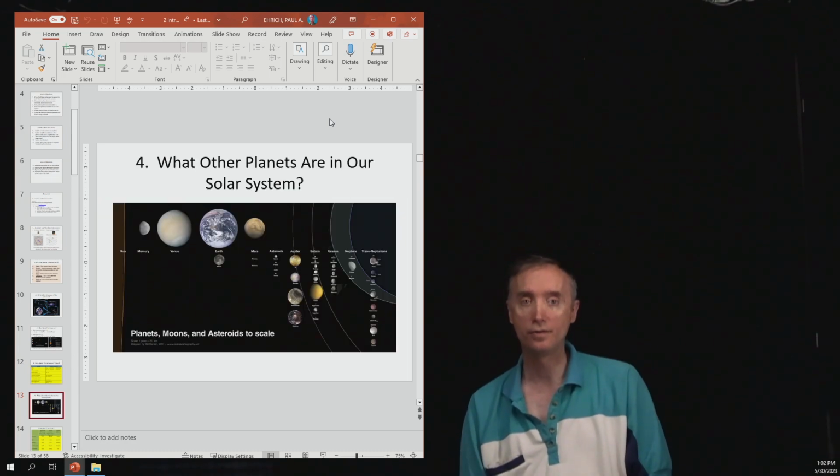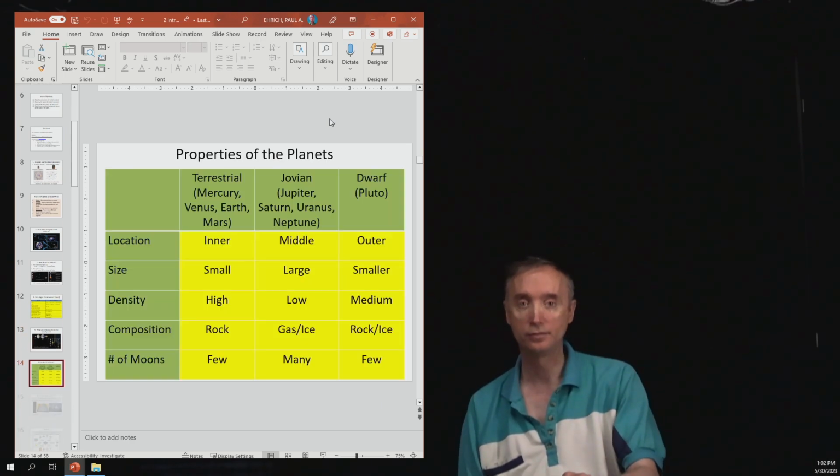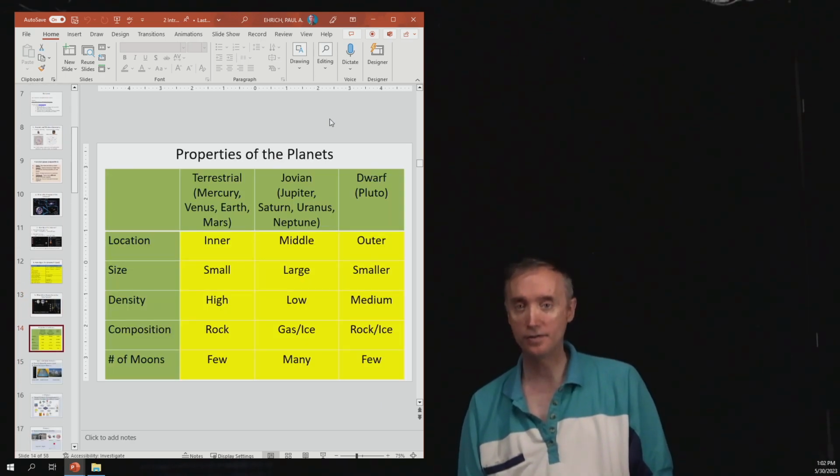Okay, what are the other planets in our solar system? You should know their names and some general properties. The inner planets are Mercury, Venus, Earth, and Mars, and they're made of rock.